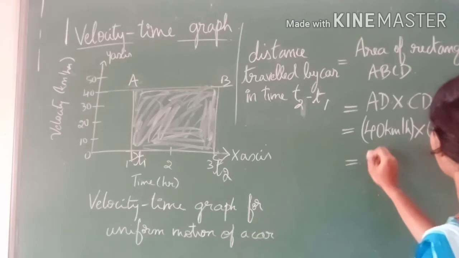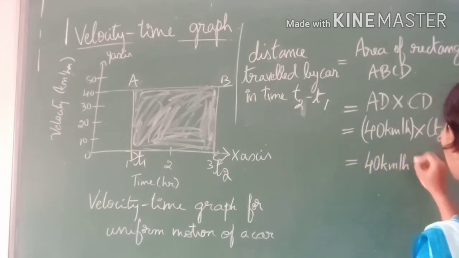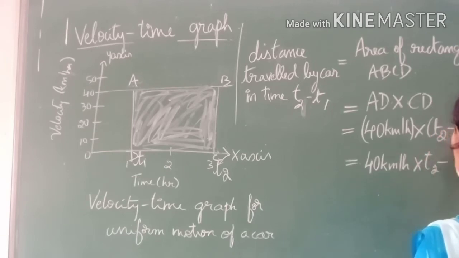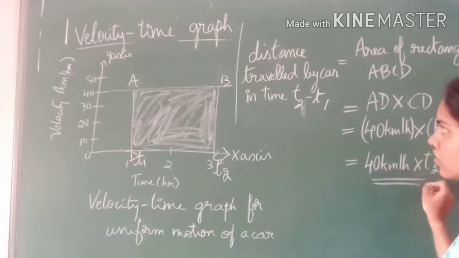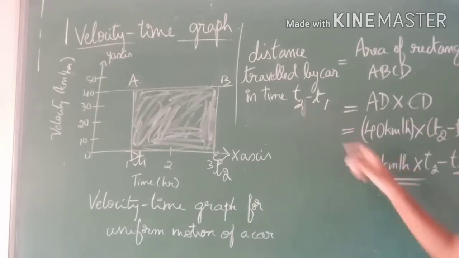So that is equal to 40 kilometer per hour into T2 minus T1. When you substitute the value, you will get the distance traveled by the car in this T2 minus T1 second.